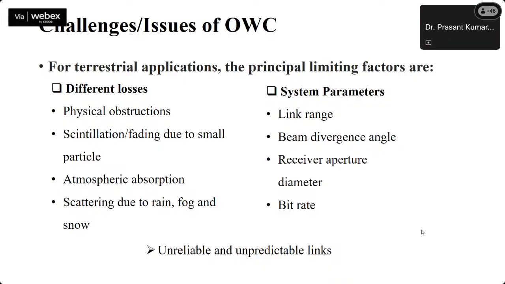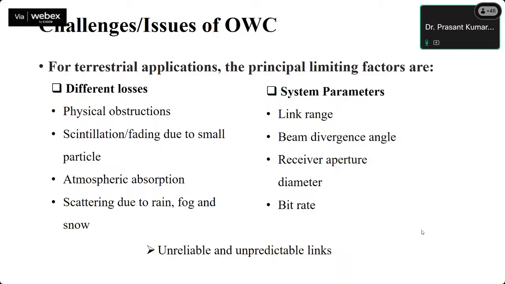So the challenges in optical wireless I already discussed just now, but again I put them in this slide form. You can see that for terrestrial applications, the limiting factors are different losses in the system parameters. The losses may arise due to a physical obstruction. Suppose one designs an optical wireless link for very high bitrate communications, and the link design is a point-to-point link.